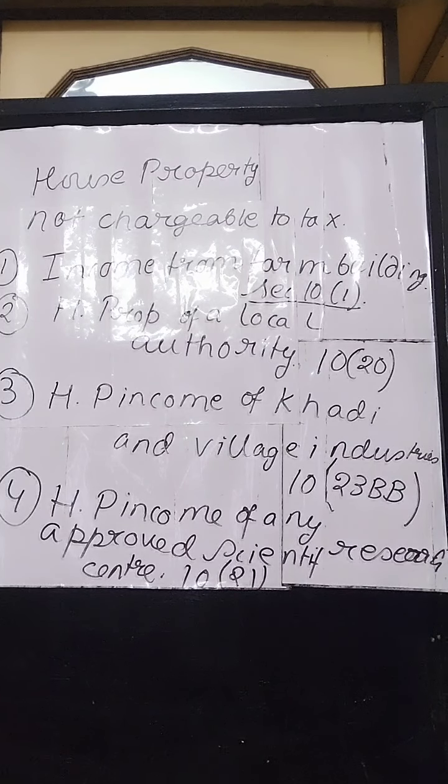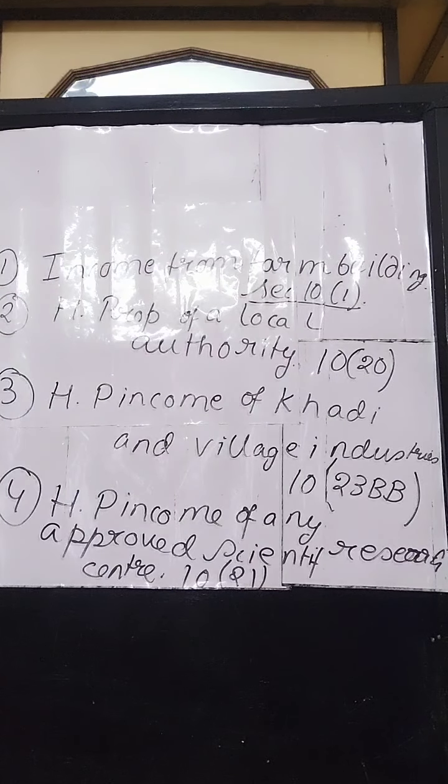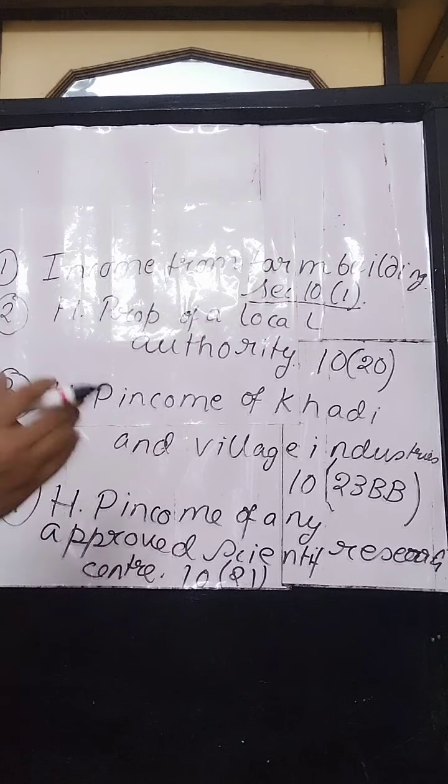So you can see how, one by one, I have written the income from house property not chargeable to tax. That means income coming out of these types of house property will never be charged under house property. Many are there in the list, but for educational purposes we will remember only a few.